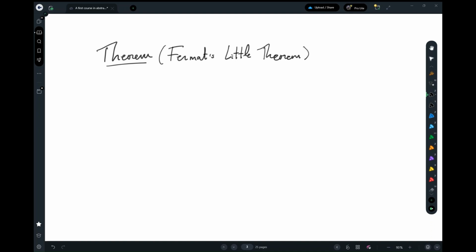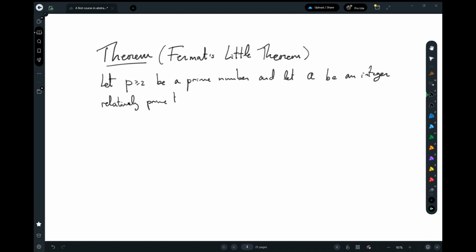And Fermat's little theorem says the following: let p be a prime number, p greater or equal to 2, and let a be an integer that is relatively prime to p, so we have that the GCD of a and p is just 1.